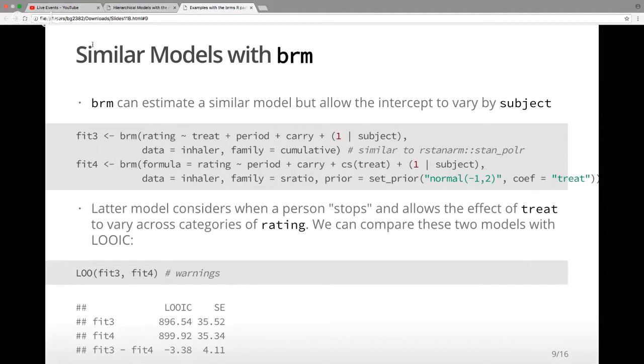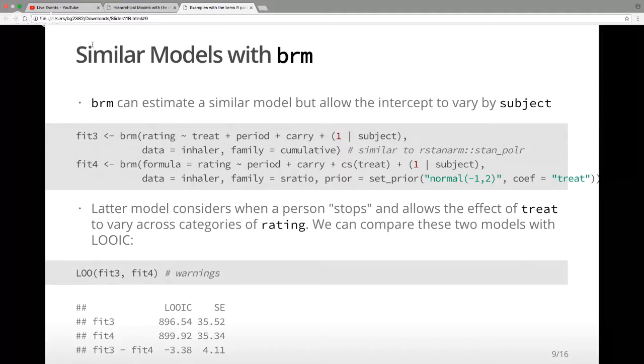I'm just using a prior that reflects that. Anyway, if you have two different models for the same outcome, you can use the LOO information criterion to say which of those models is expected to predict future data the best.